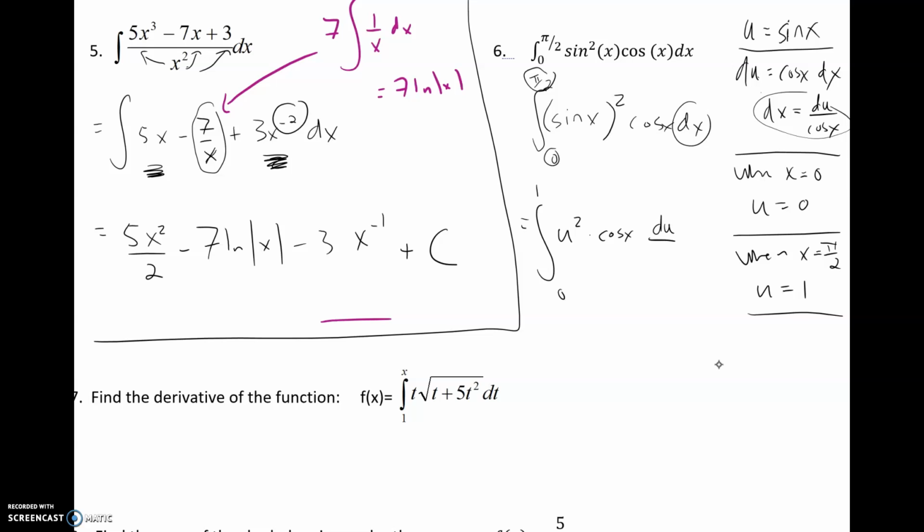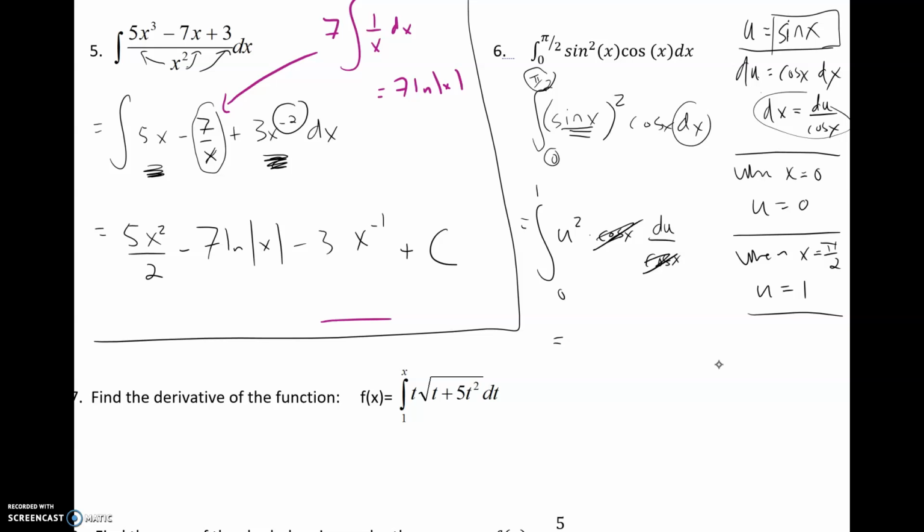So I chose the right thing for u based on what we typically do. The other option would have been to guess u equals cosine x and see if that worked out. But typically we let u be the input of our composite function, which in this case was sine x. Okay, so now I'm looking at a real easy problem.